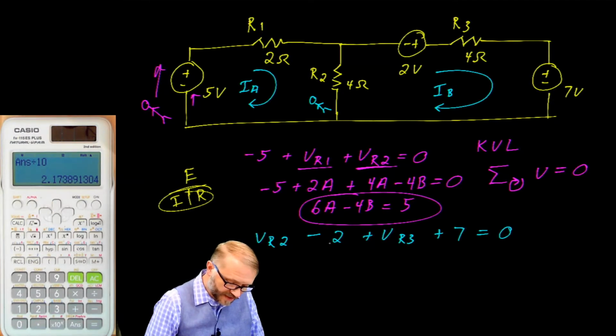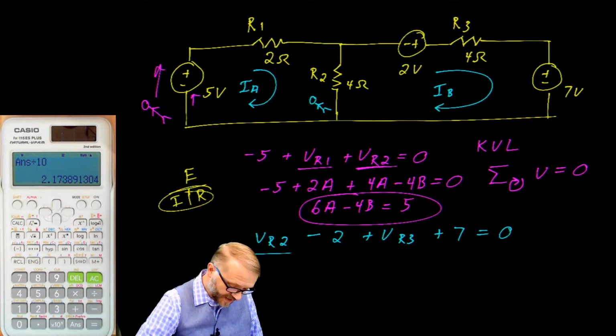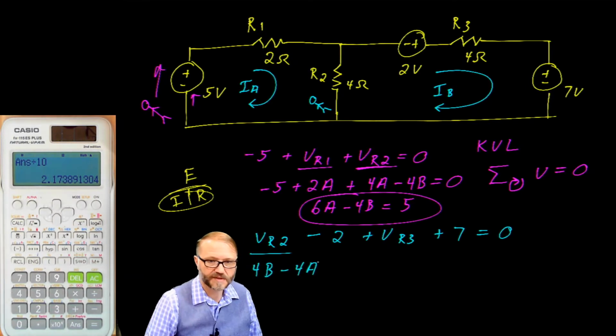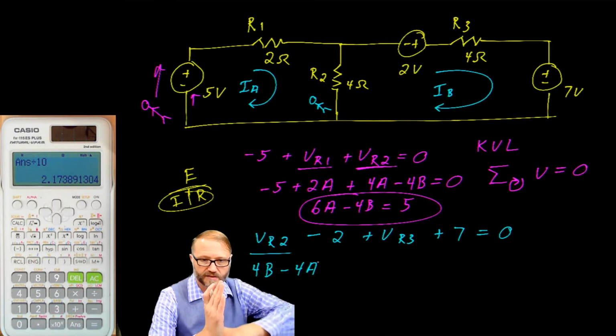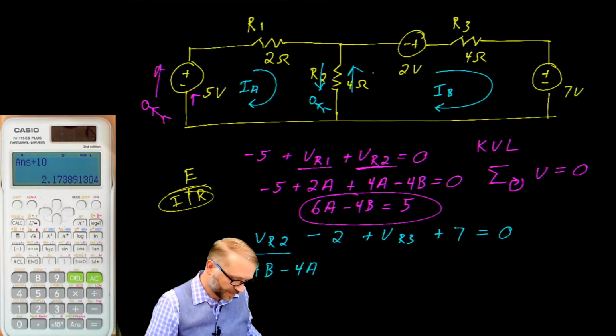Now we'll go to the second equation and do the same thing. So the voltage on R2 in this case is 4B minus 4A. So again, we have to account for the fact that these currents are flowing in opposite directions, right? A is down and B is up.